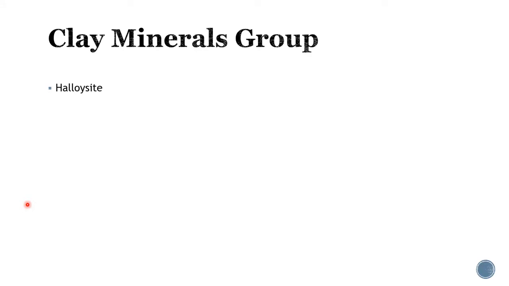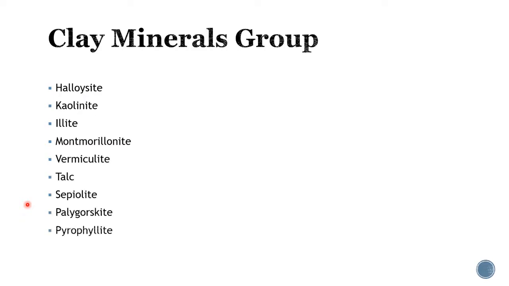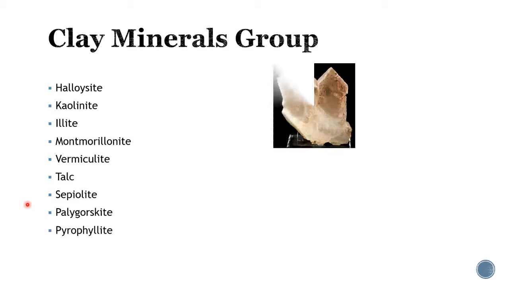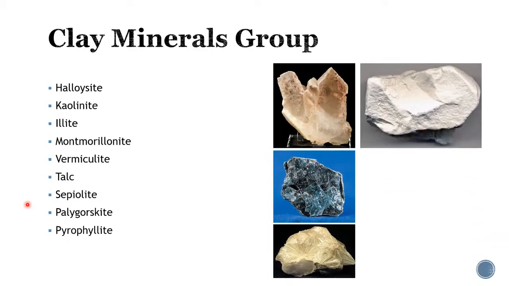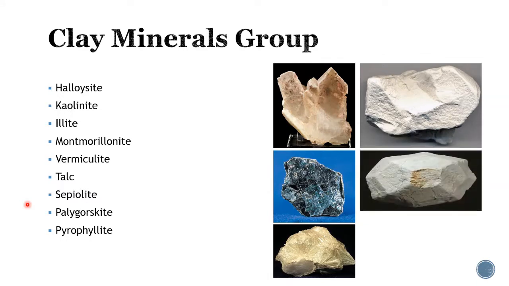Let's move to the next slide. Now, the clay mineral group is divided into different minerals. This is halloysite, kaolinite, illite, montmorillonite, vermiculite, talc, sepiolite, palygorskite, pyrophyllite, to name a few.